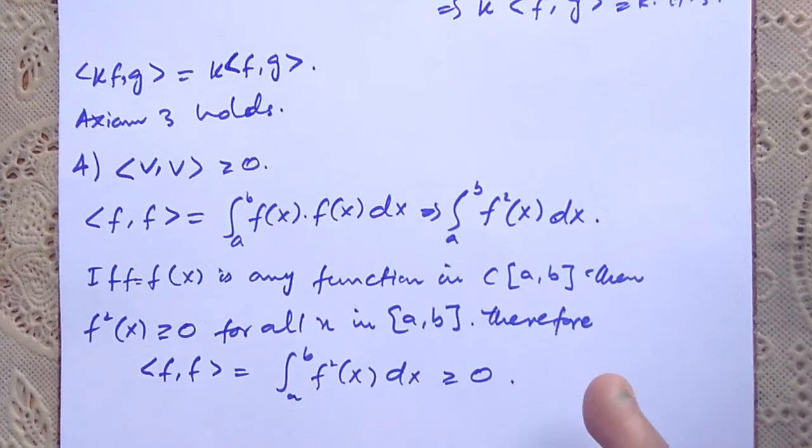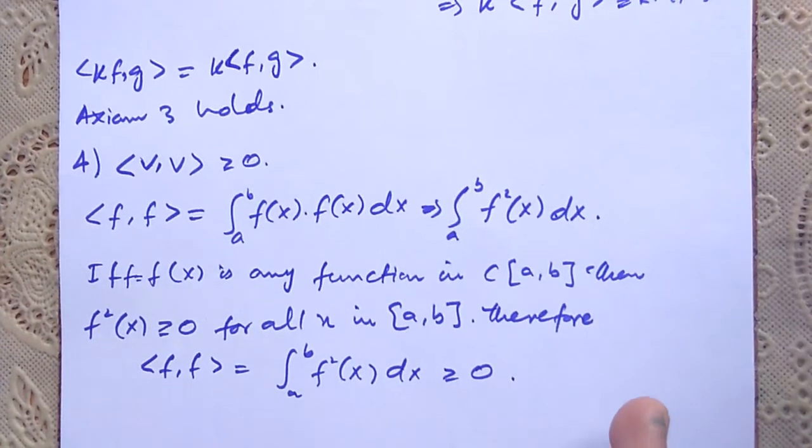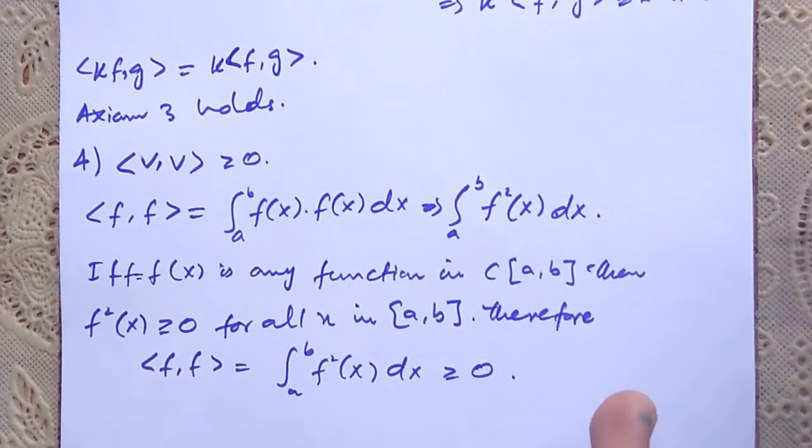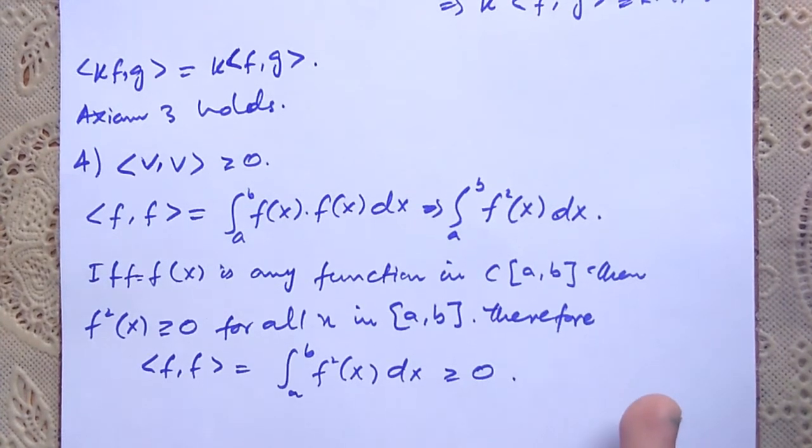And according to the second part of the positivity axiom, the product of a vector with itself will be 0 only when that vector is 0, and vice versa.